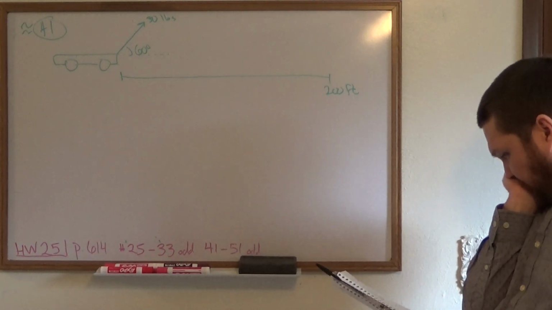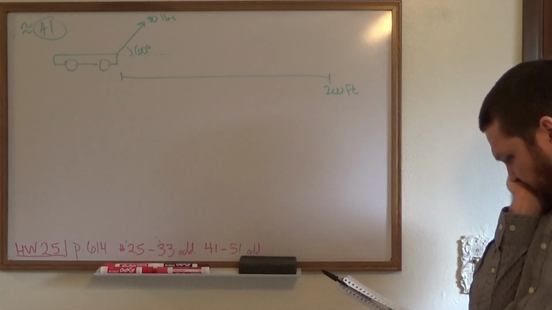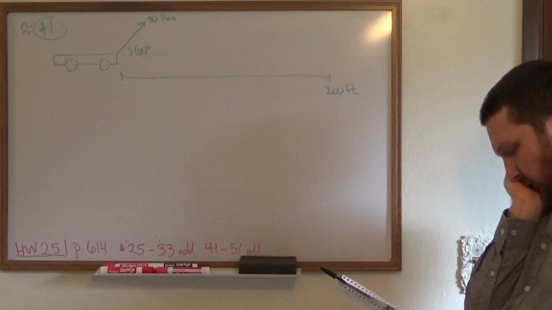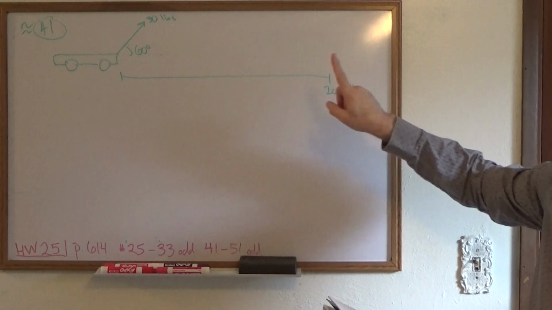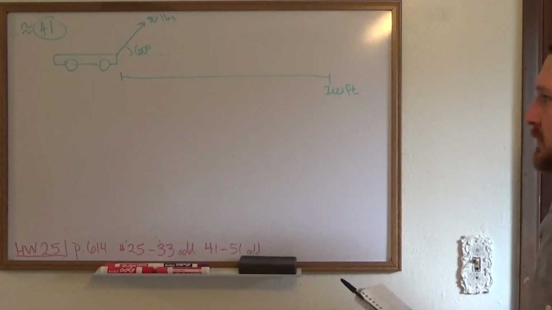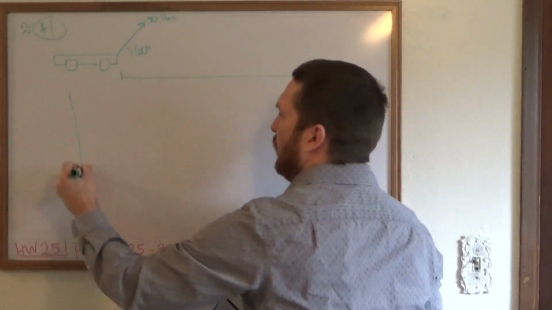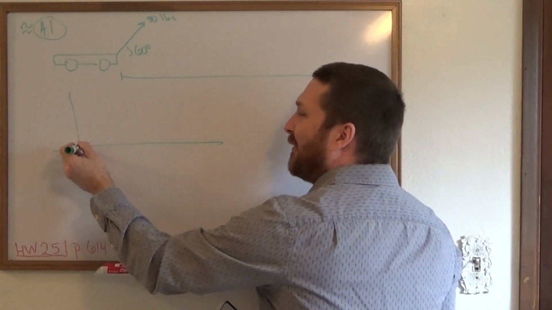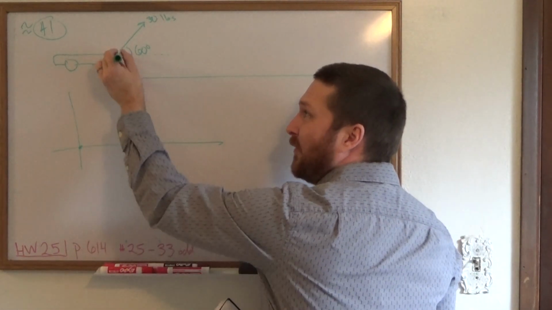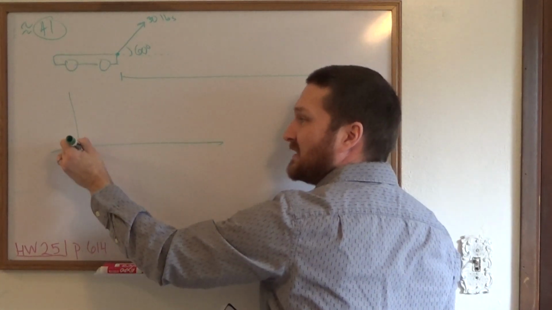Oh, we have an angle. So here's the thing. If we could write this as two vectors, then all we have to do is take the dot product. So I'm going to put them both here at the origin. Here's the point of application, so that's the origin.